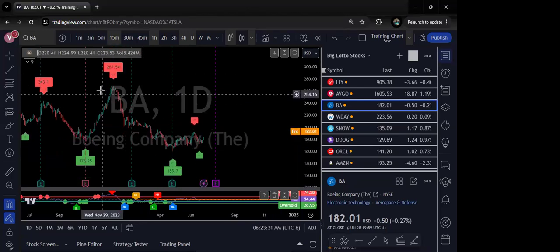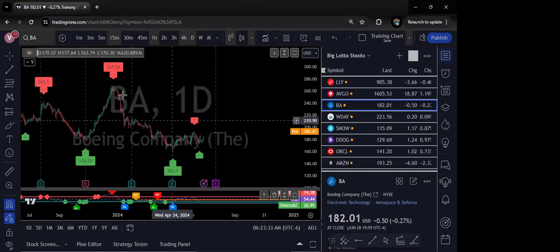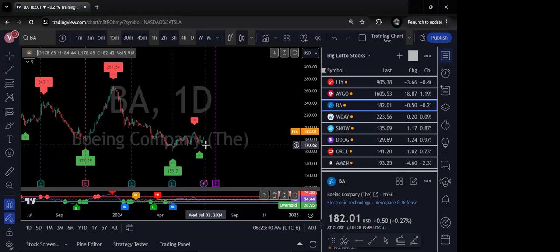Okay, so that's for stocks with a wide band. So for instance here, BA, this one had a wide band going down and then it's been consolidating. It's one of the key plays in July.